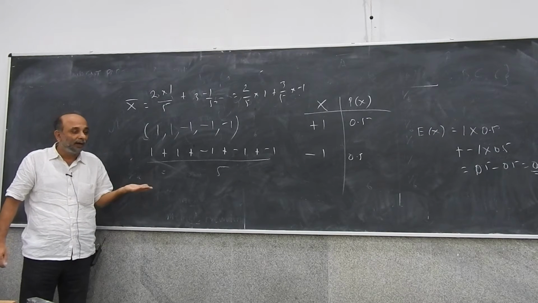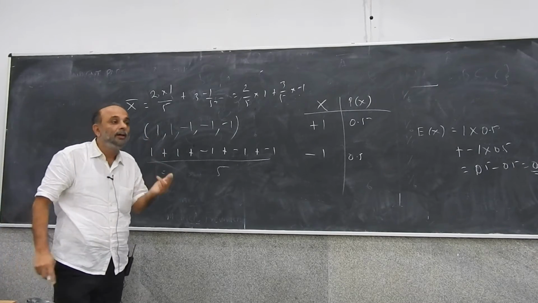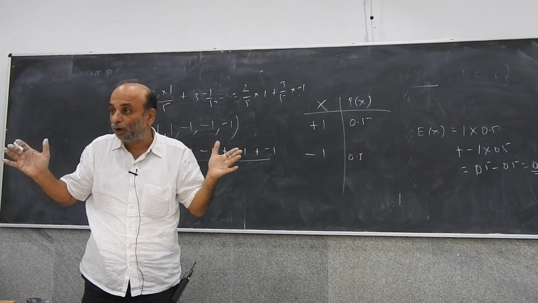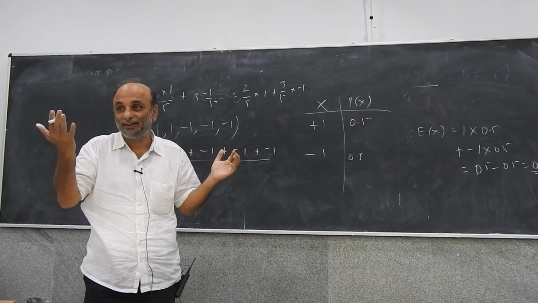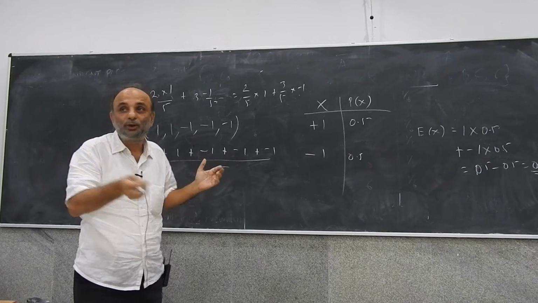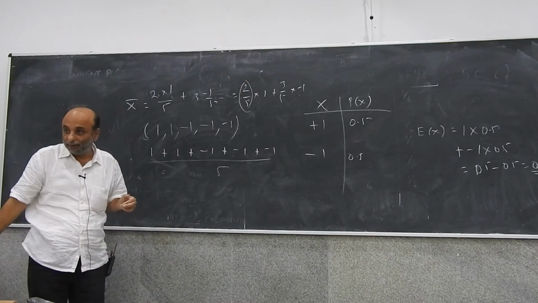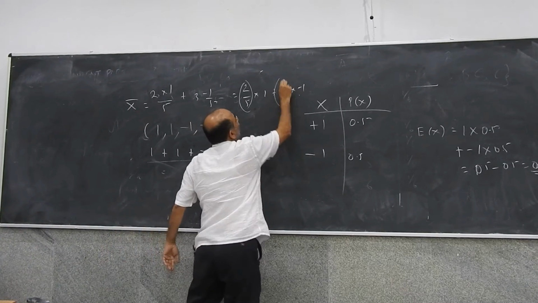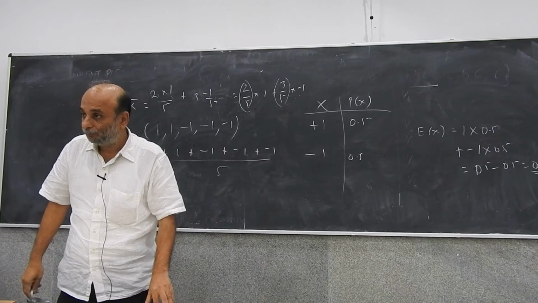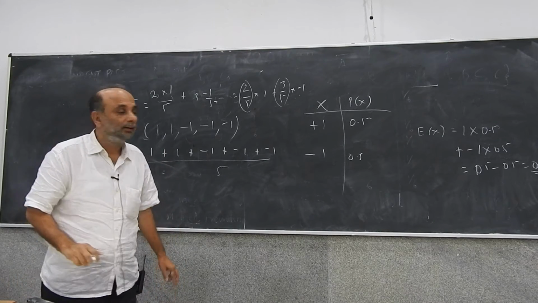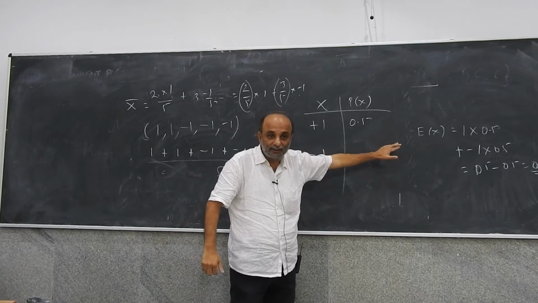And what is 2 upon 5? The number of times I got 1 divided by the total number of tosses, which is called the relative frequency of 1. So 2 upon 5 here is the relative frequency of 1. 3 upon 5 is the relative frequency of minus 1. So what is the difference between x bar and expected value of x?